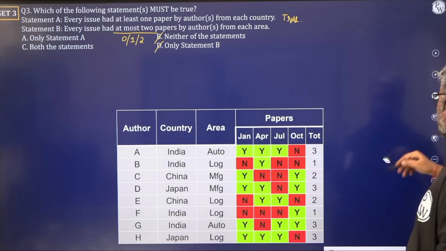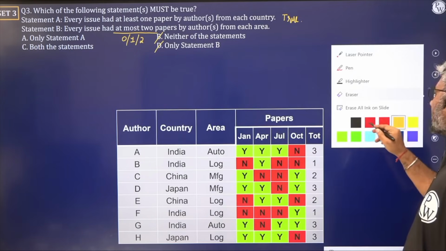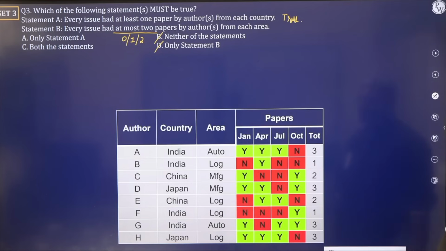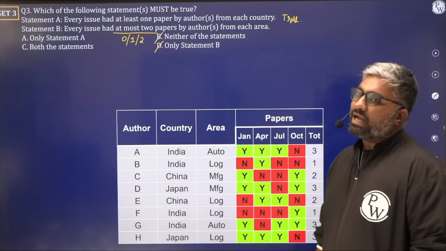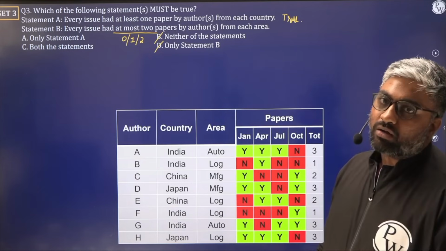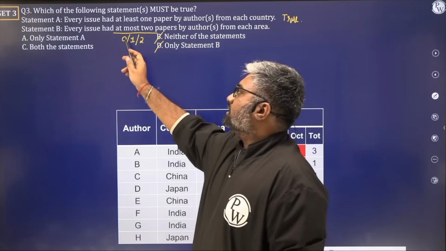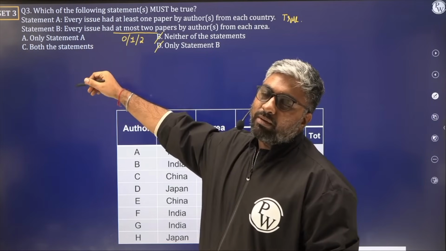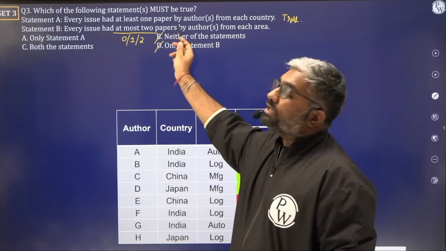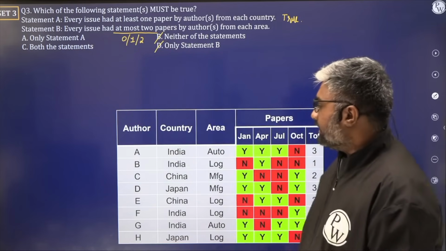In every issue we should have 0, 1 or 2. So what we are looking at is if we can prove it wrong by bringing in more than 2, because it can't go below 0, the number of papers can't be negative. Can there be more than 2, is the idea, right?